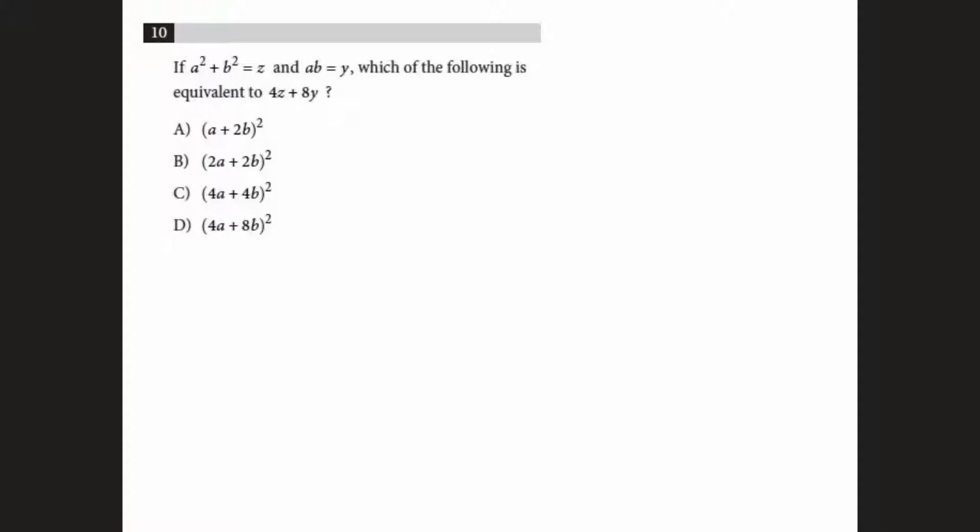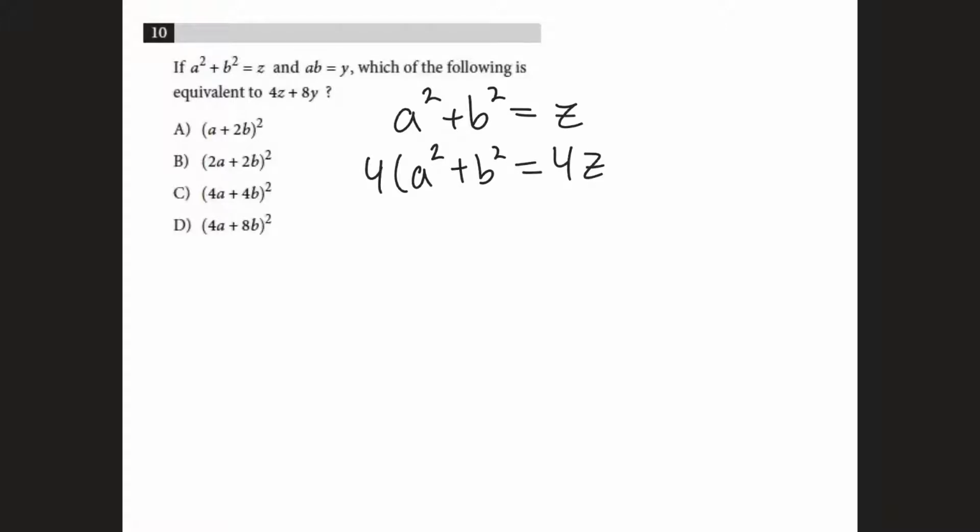If I know that a squared plus b squared equals z, well then I know that 4 times a squared plus b squared equals 4z. And I know that y equals ab. So if I know that ab equals y, then I also know that 8 times ab equals 8y.